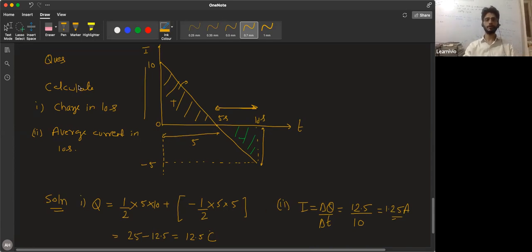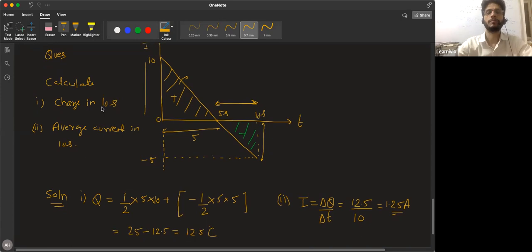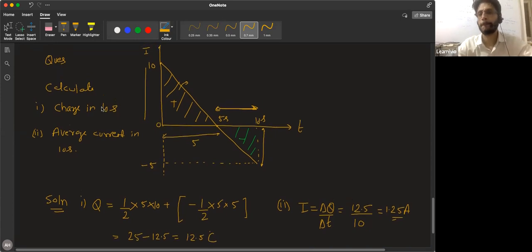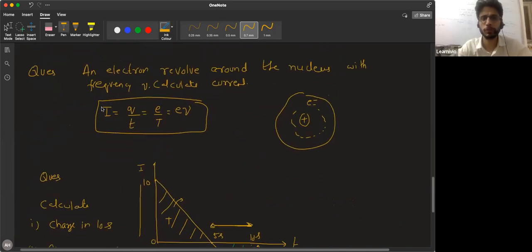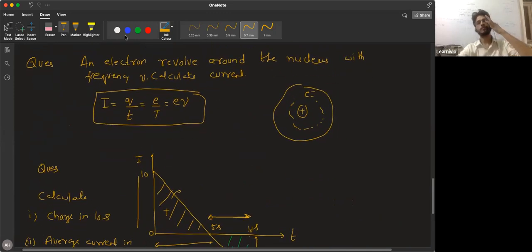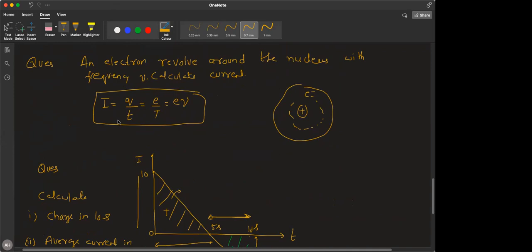Clear? Note down this from this question, then we'll start the next topic. These are the 3 types of questions that one can ask on current. The first is on average and instantaneous current, second on frequency, third is on graph.